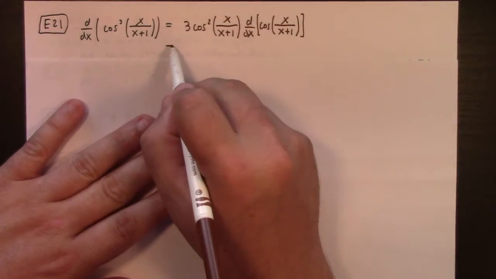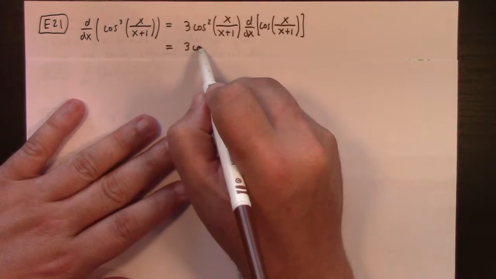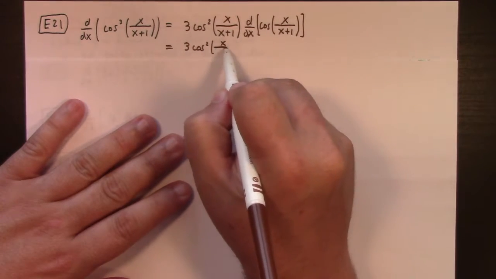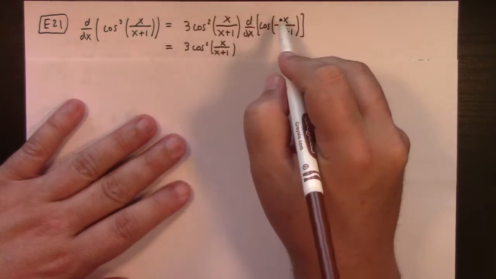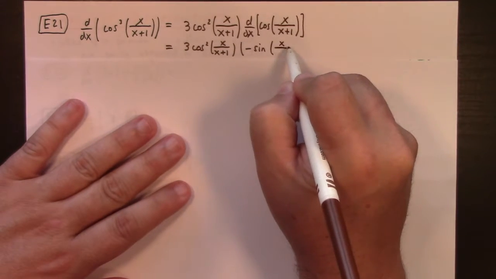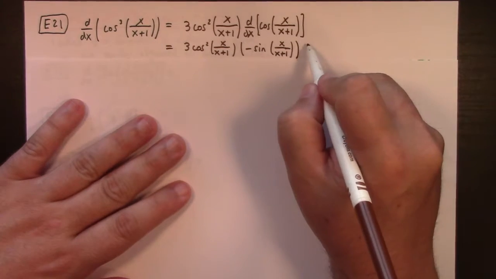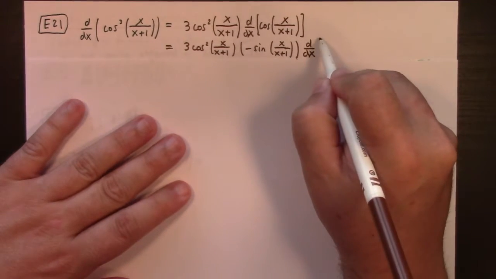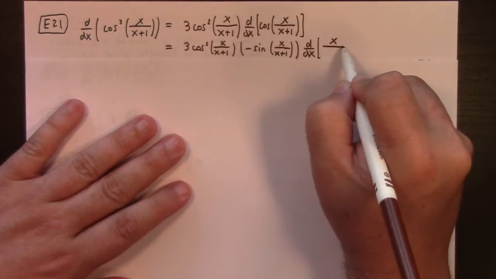So then that gives me 3 cosine squared of x over x plus 1 times minus sine of x over x plus 1, right? Times the derivative with respect to x of the inside function, which in this case is, you guessed it, x over x plus 1.